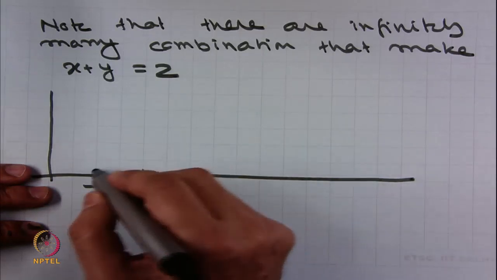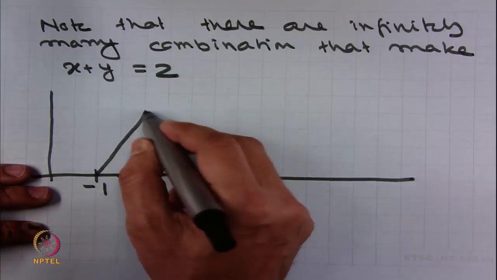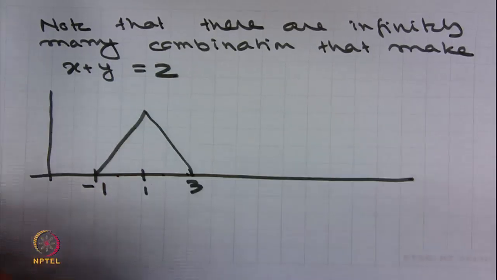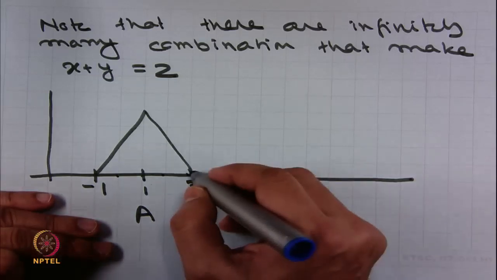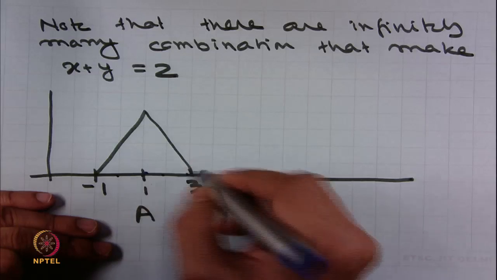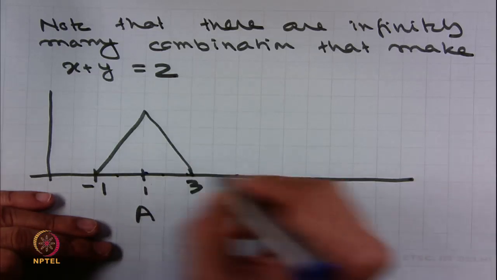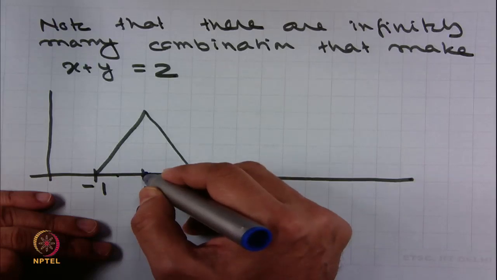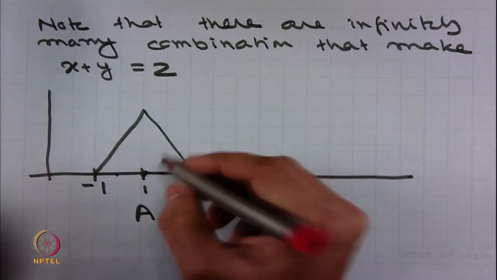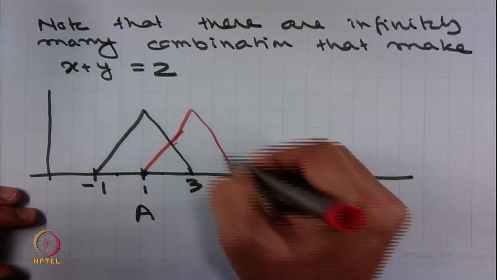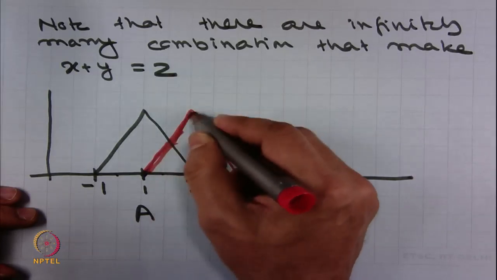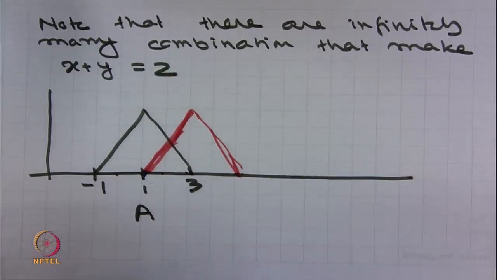Therefore, it looks like this, this is the membership for A. Similarly, membership of B, B is from 1 to 3 and 5. So, B will look like something like this. Sorry for the drawing, but these are triangular fuzzy numbers.